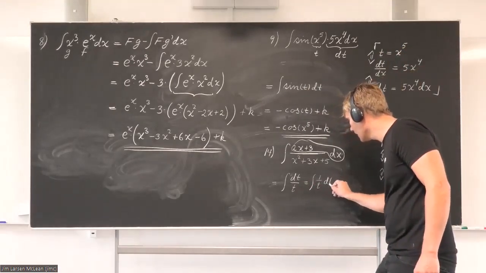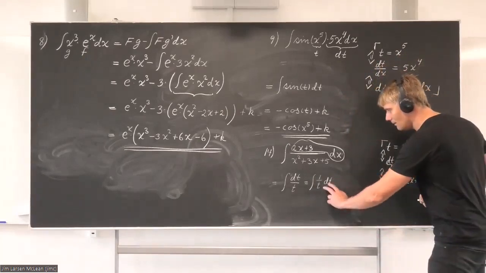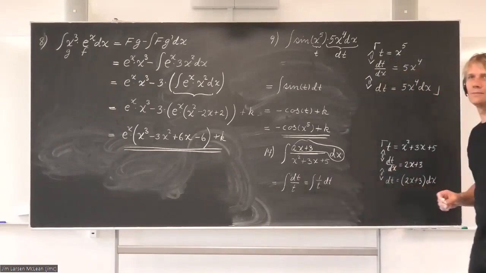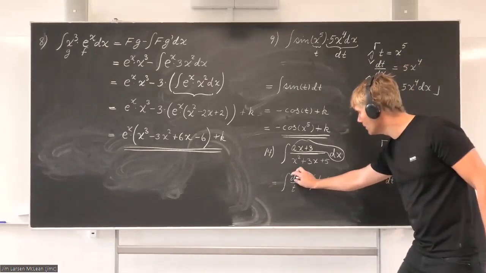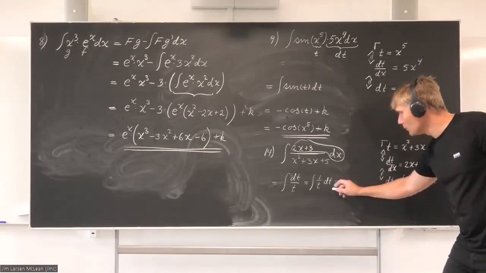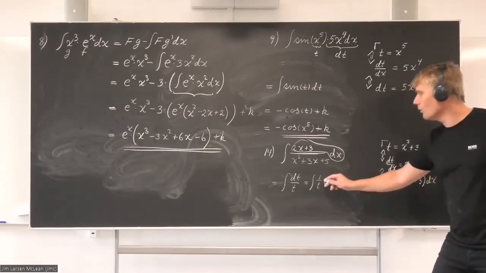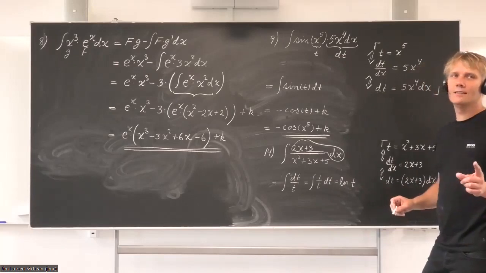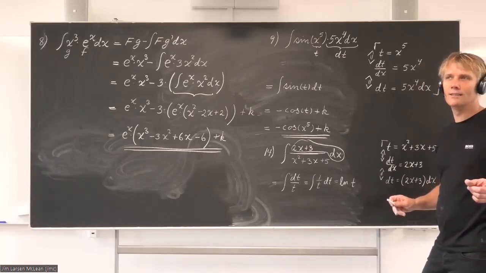Why can I write it like that? Because when you multiply a number onto a fraction at the top, 1 times dt is dt itself. So that's why I can also pull the t down in front. And then I need to find a function that, if differentiated, gives 1 over something. That's ln of something, but you can only take ln of something if something is positive.